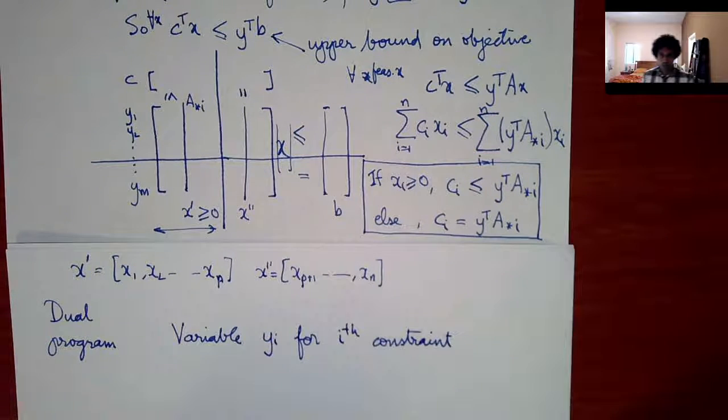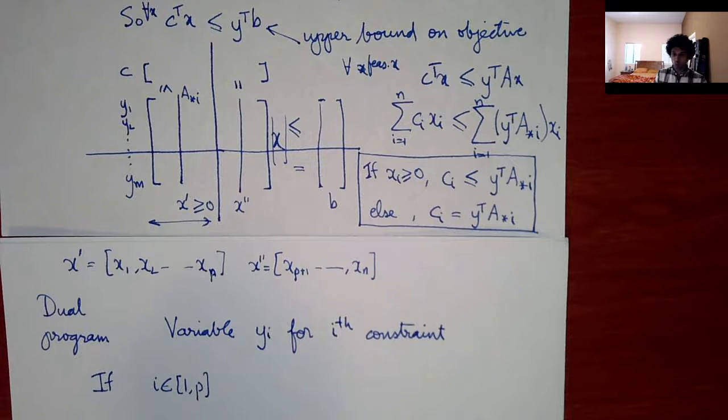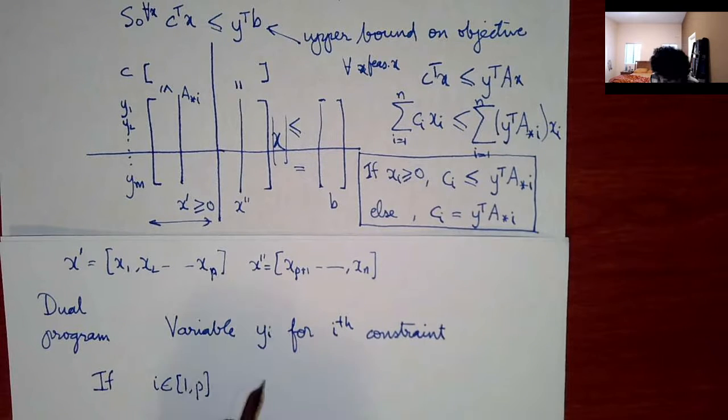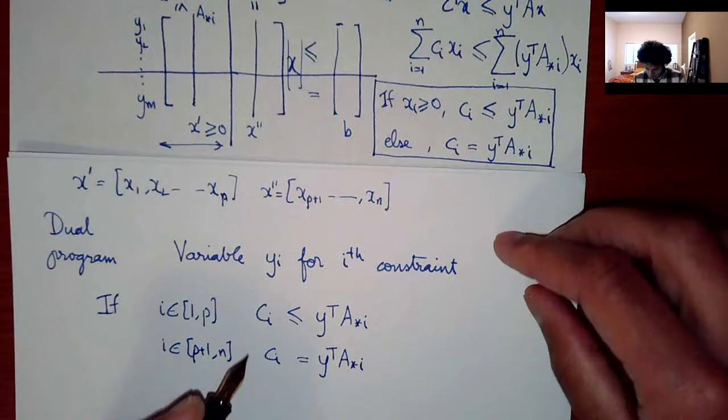And what you have is, if I is between 1 to p, then C of I should be less than or equal to y transpose A star I. And if I goes from p plus 1 to n, then C of I is equal to y transpose A star I. This is the basic program.